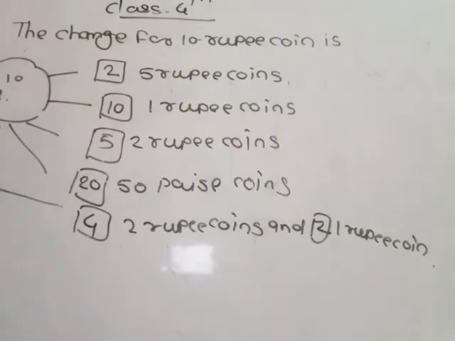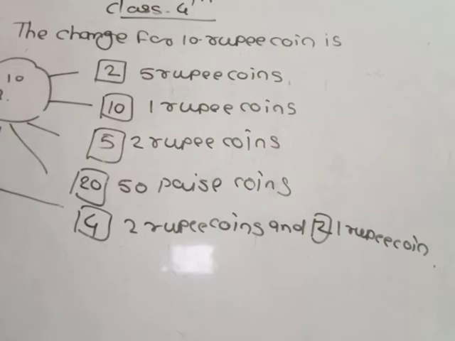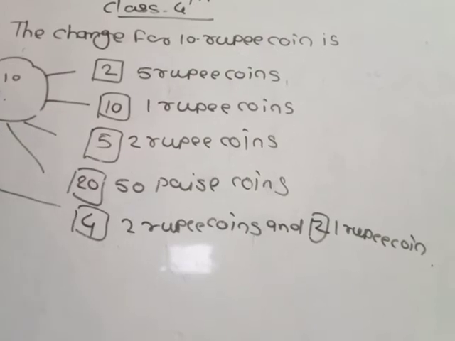This lady has a 500 rupees note and the milk bill is only 452, and the milkman does not have any change to give this lady. Then Nandu goes to the shop and gets change for this 500 rupees note.